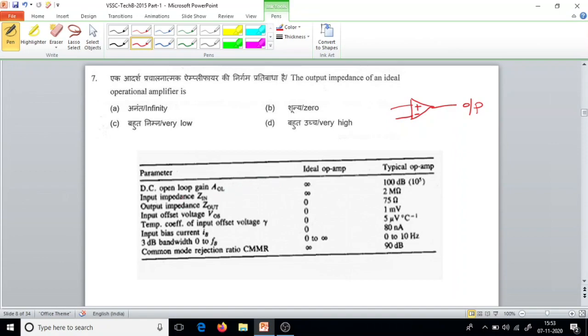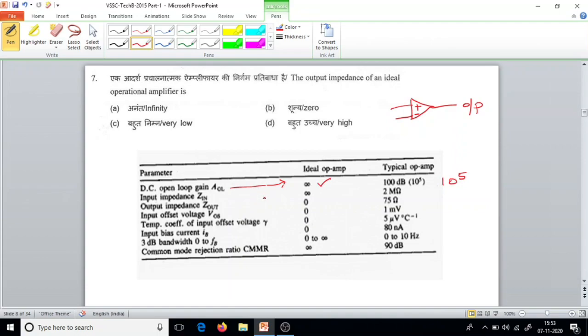First parameter is DC open loop gain. Open loop gain means there is no feedback. Without any feedback in the loop, the gain of an ideal op-amp is infinite, but it is around 10 to the power 5 in reality.